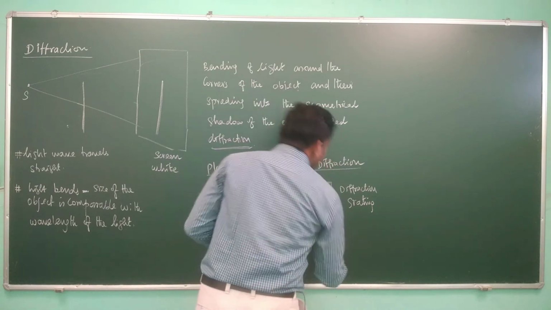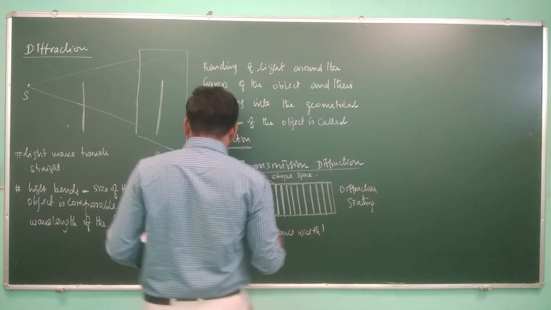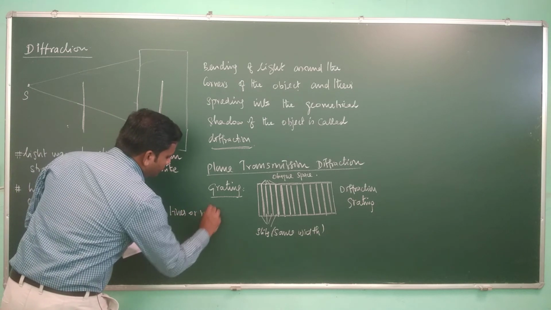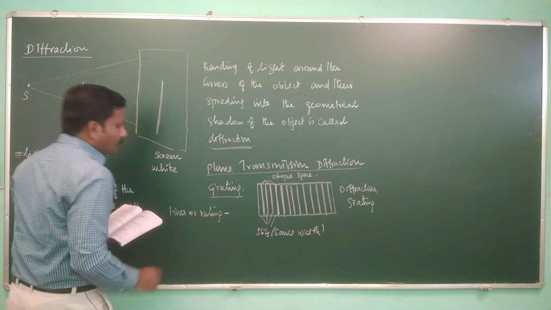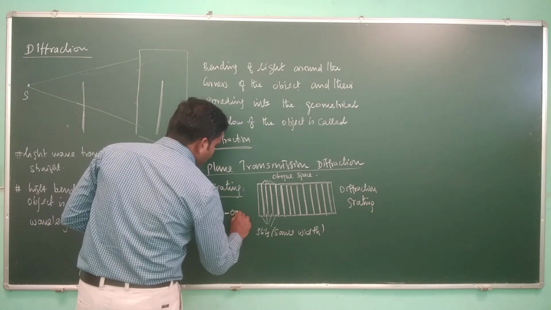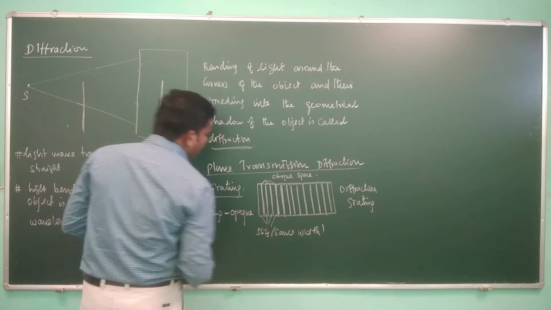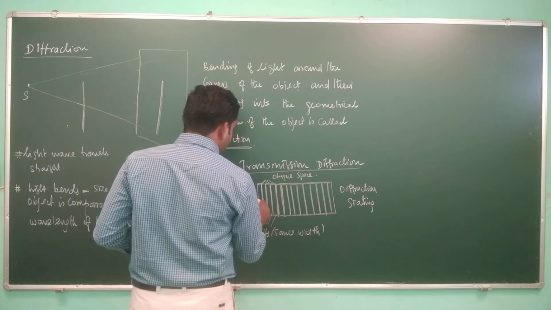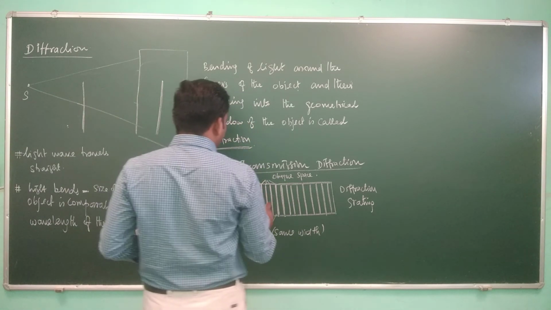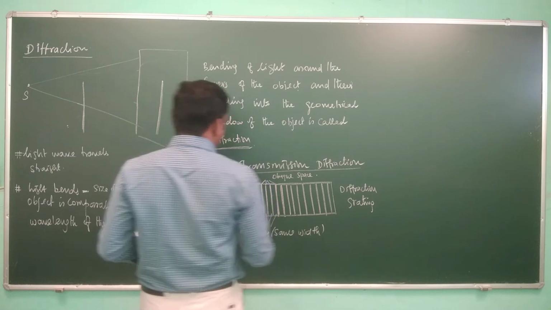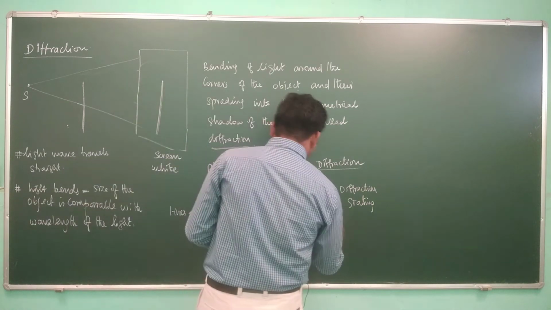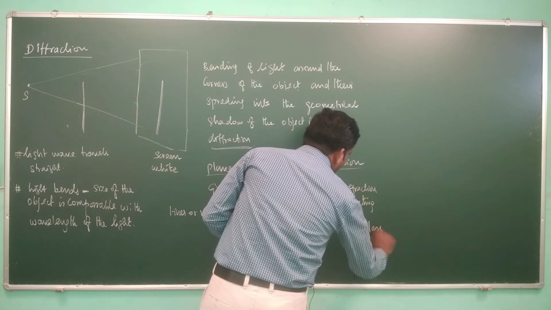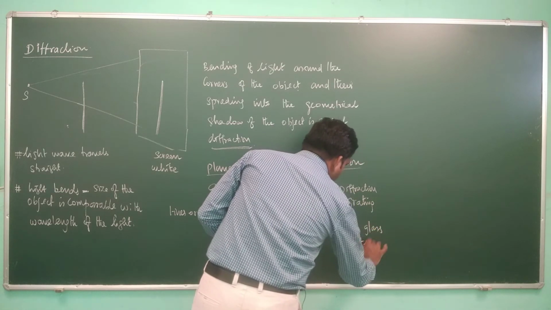These lines are rulings. These lines or rulings will serve as the opaque part of this grating, right? The entire piece of material is nothing but a plain glass plate.